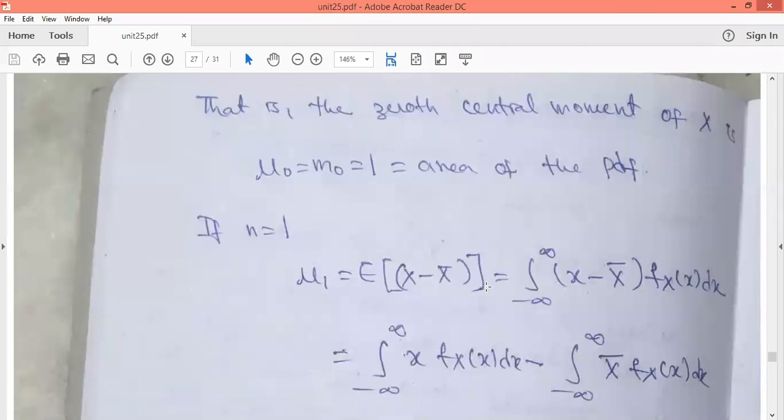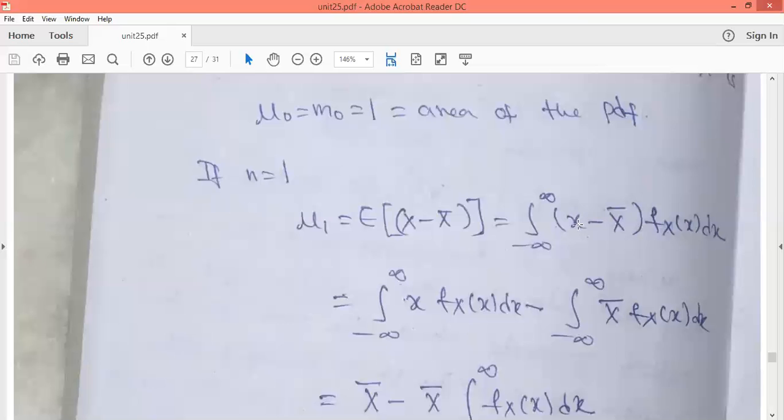Now for n equal to 1, we are finding the first central moment. So mu 1 is equal to the expected value of x minus x bar, which is the integral from minus infinity to plus infinity of (x minus x bar) f_X of x dx.